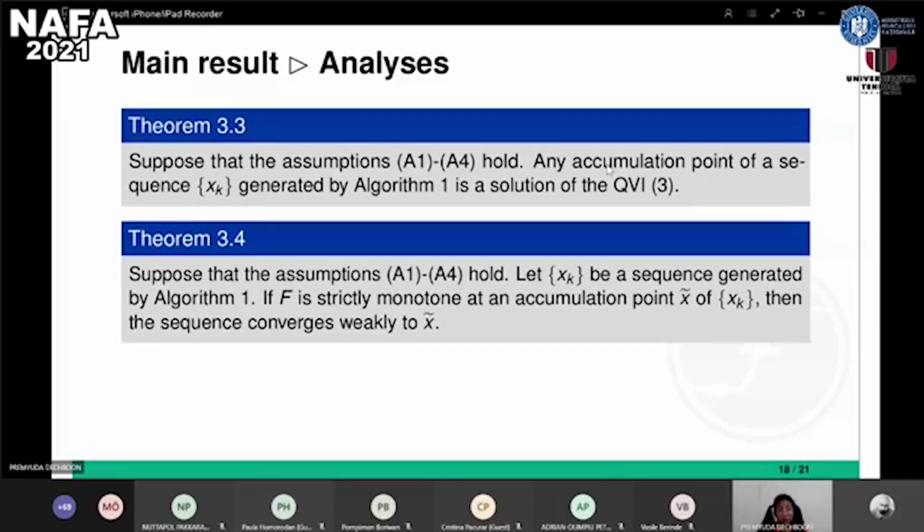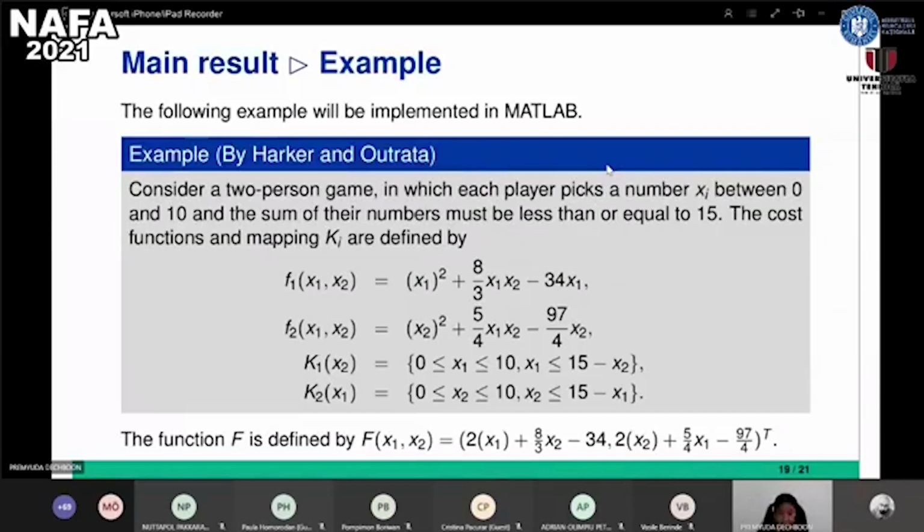By the way, we will show the next one, our example, and our example is in n-dimensional real space, so we will get the strong convergence in our example. In our example, we consider a game such that there are 2 players, and each player can pick a number between 0 and 10.